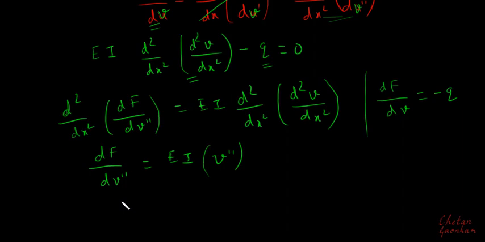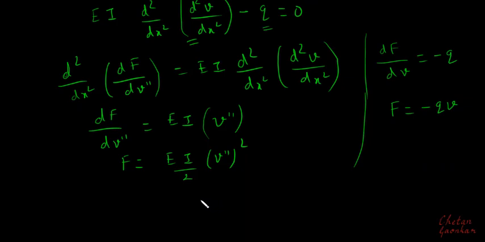Further integrating this with respect to v double dash, I get f as EI by 2 times v double dash square, right? And then this equation gives us f is equal to minus qv.